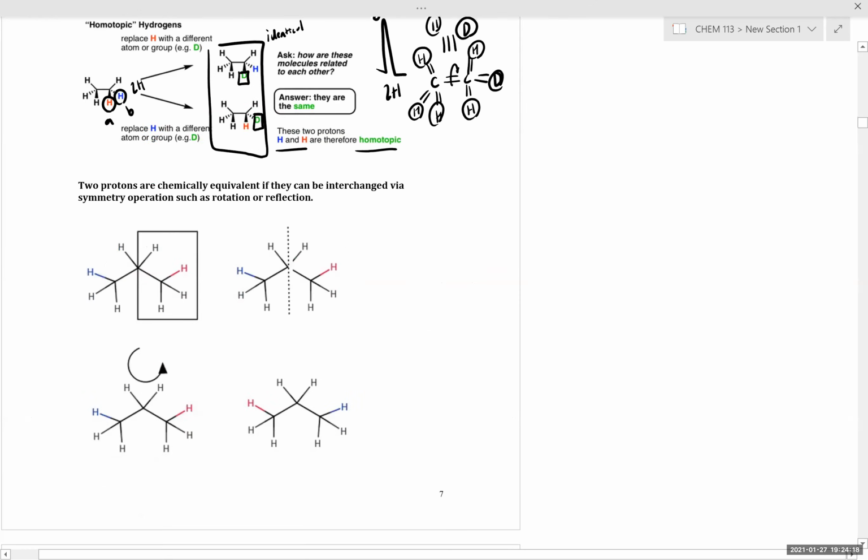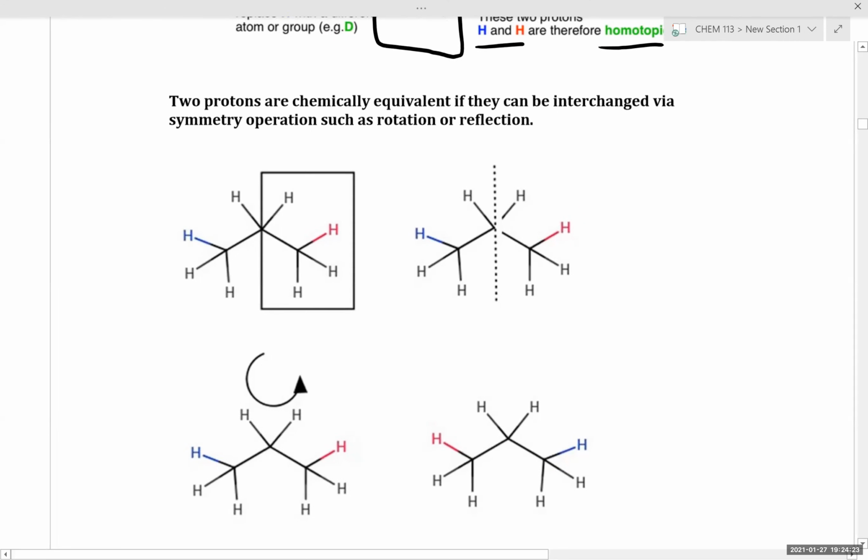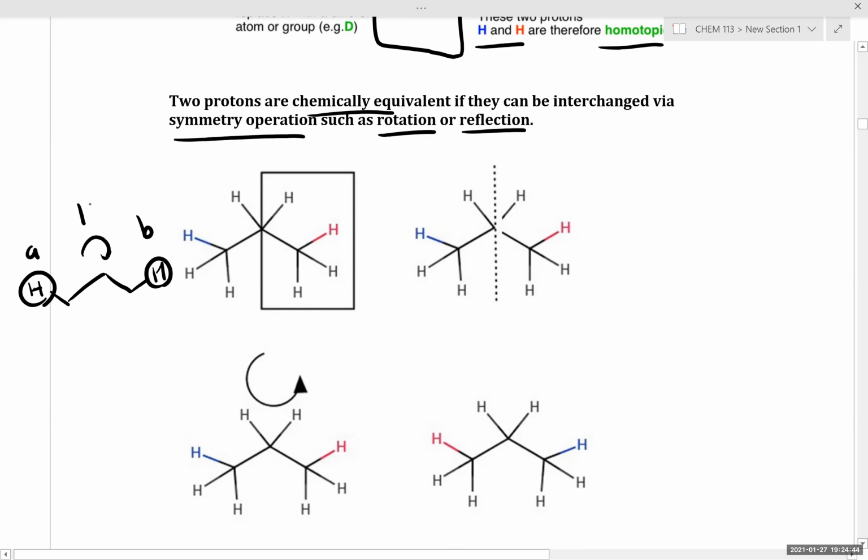Another criterion for chemical equivalence is that two protons are chemically equivalent if they can be interchanged via a symmetry operation, such as rotation or reflection. For example, if we look at a propyl group, n-propane, and we're comparing these two protons, A and B, if I rotated this structure 180 degrees, you would end up with a structure that looks something like this.